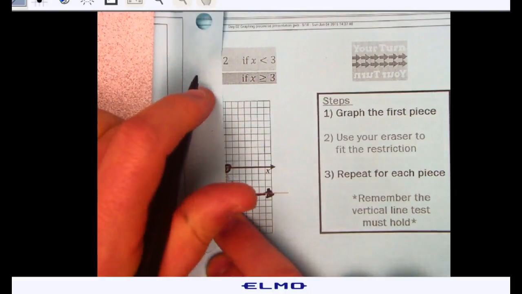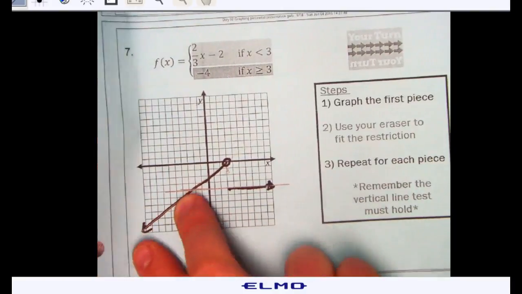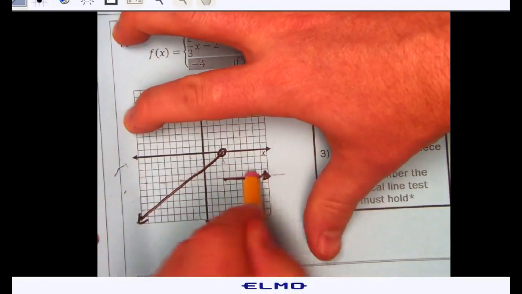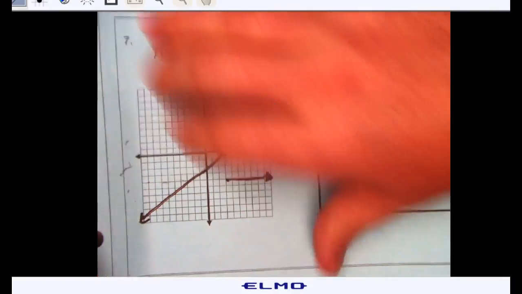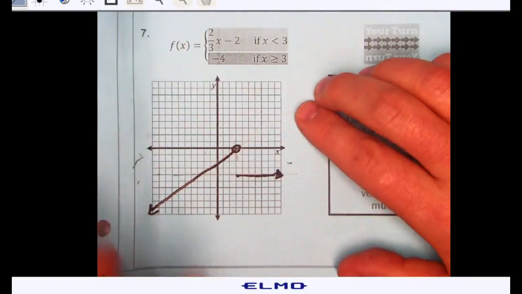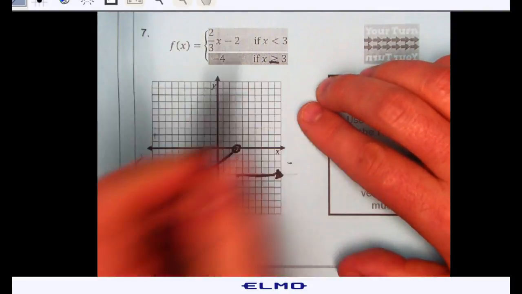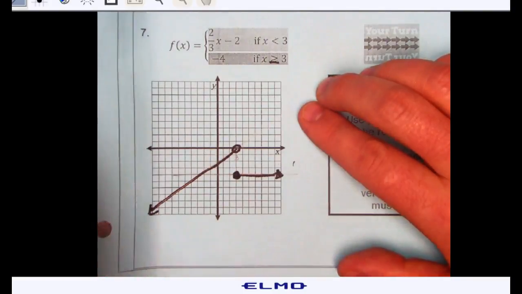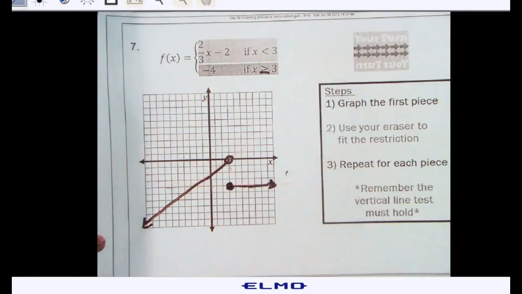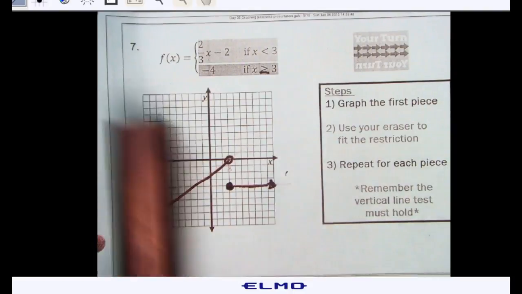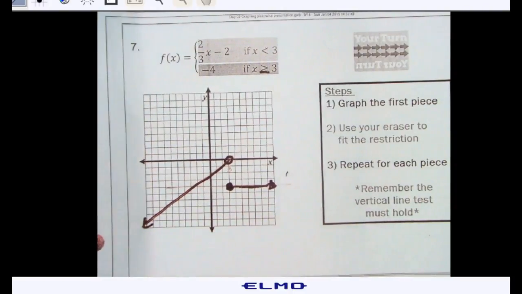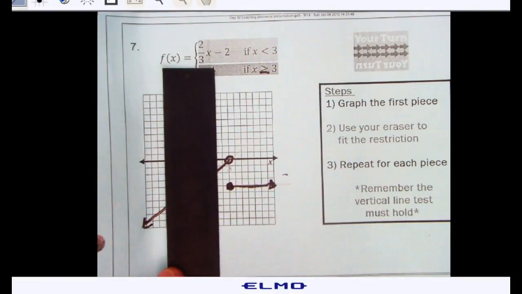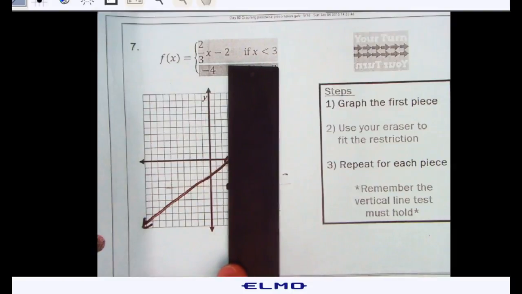And then erase everything underneath. And this one will be a closed circle because it has the equal to. So put a solid dot there. And then you can check one more time, make sure the vertical line test holds. So if you pass something vertical over, you can see it only touches the line at one point all the way across.